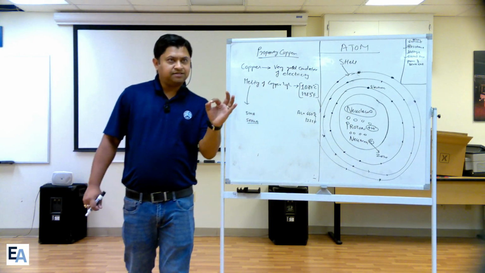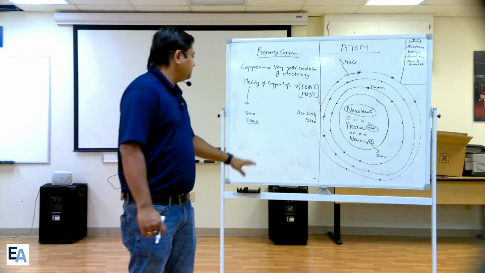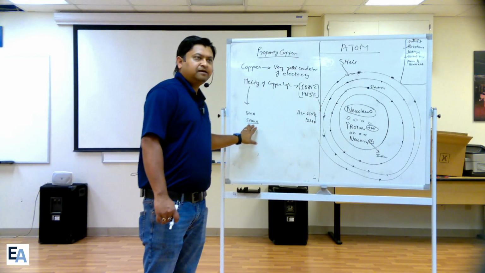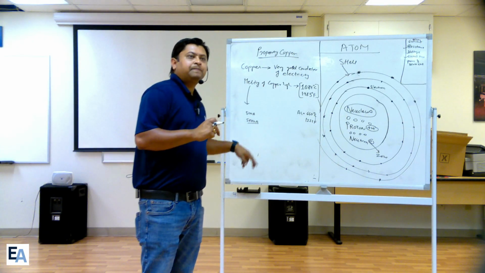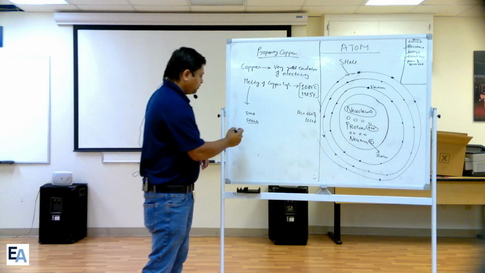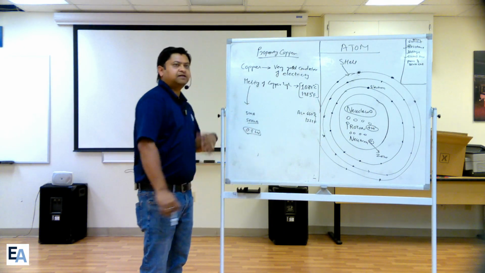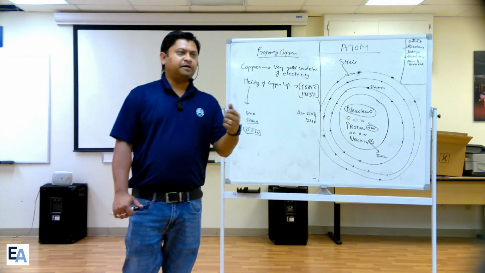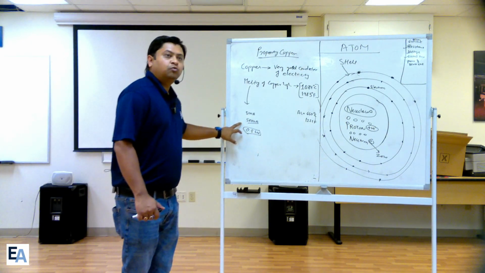So your transformer is designed for 500 amps, but at the time of short circuit it may have 5000 amps of current go through the wires of the transformer for 0.5 seconds. Why 0.5 seconds? Because this is the maximum operating time of a circuit breaker.